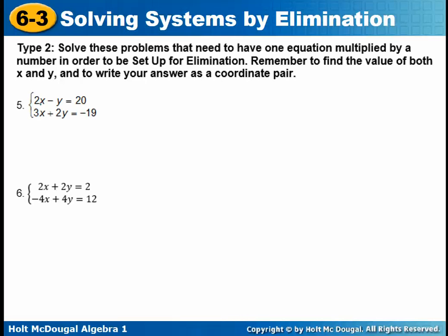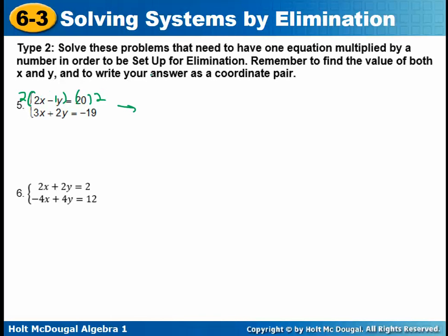Now there's nothing I can multiply either of the x terms by in order to get equal to the other one. So let's look at the y's. I have negative 1y and a plus 2y. If I just multiplied everything on the top by 2, then I would have negative 2y and a plus 2y in the bottom.